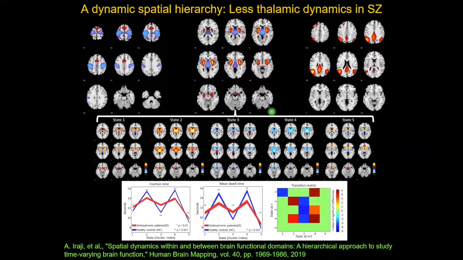And so here's just an example of one way of getting at that, which is essentially treating it as a hierarchy, where the larger hierarchy level consists of a number of basis sets that, as they are weighted differently, manifest as different dynamic patterns over time. And so here you can see, for example, for the subcortical region, changes that are occurring over time.